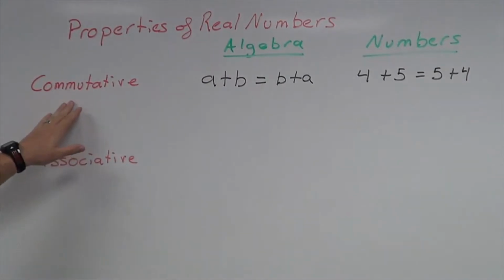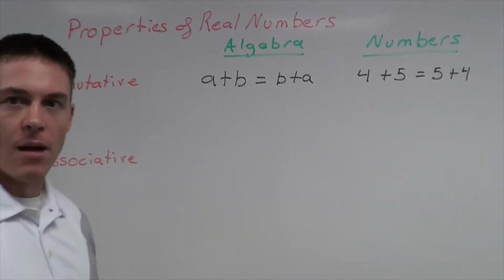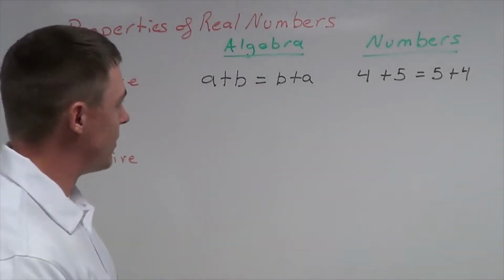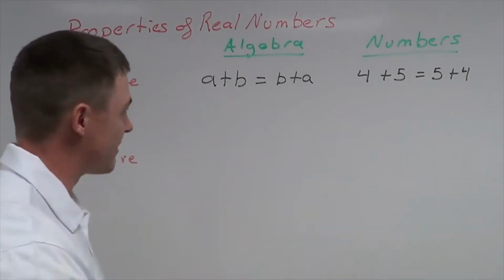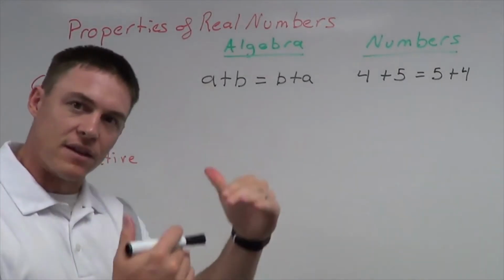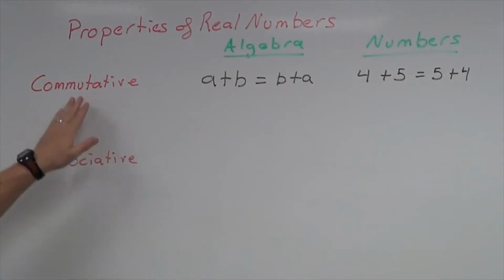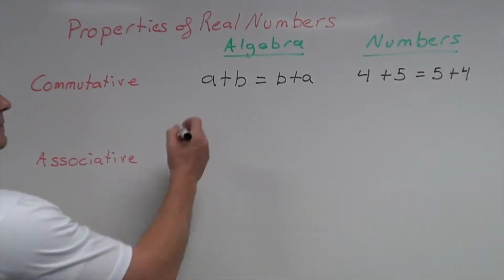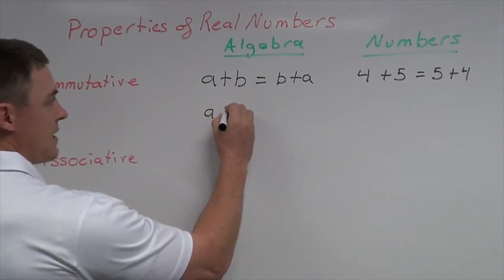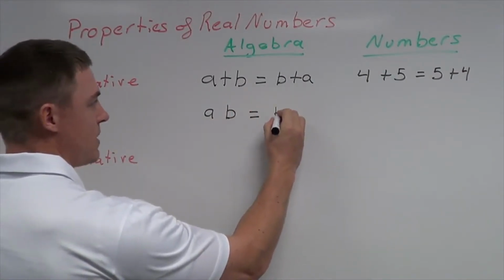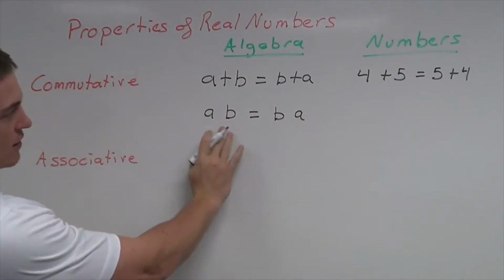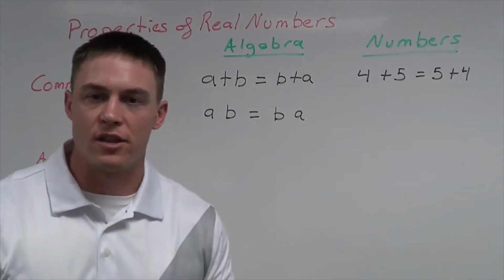Now for the commutative property of multiplication. Okay, I'm going to use some of the same variables, but this time I'm going to multiply. So it's going to look very, very similar, but yet it's kind of a separate property. Okay, commutative property of multiplication. A times B is equal to B times A. Now notice I didn't put a dot or a multiplication symbol between them.